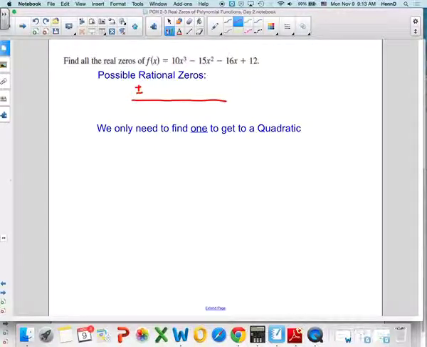You got one already? Yeah, it's the first one I tried. Oh, good. Finish that one. It's rough just to write all the p over q's.